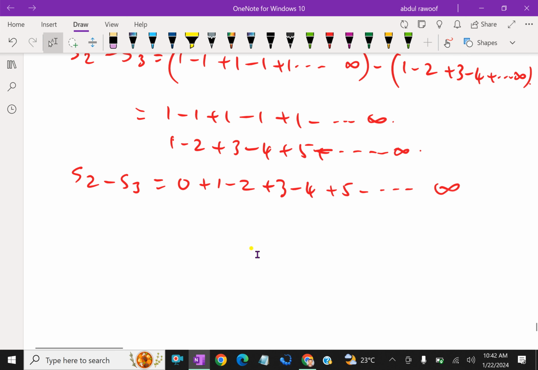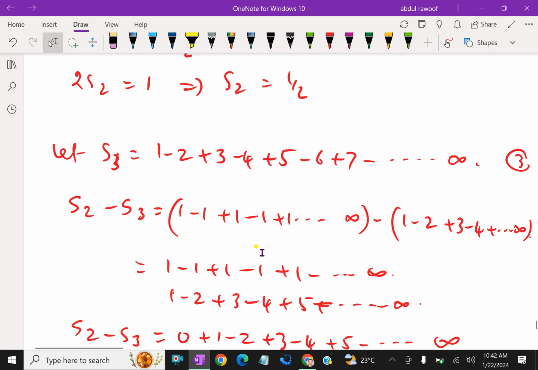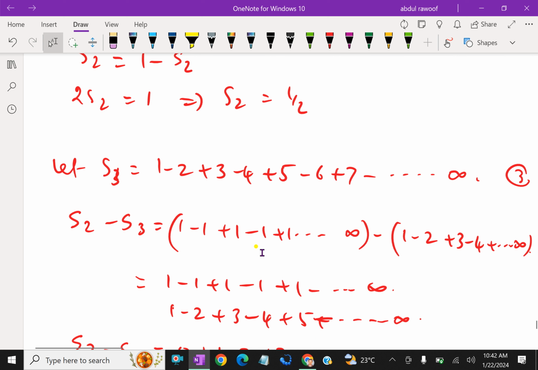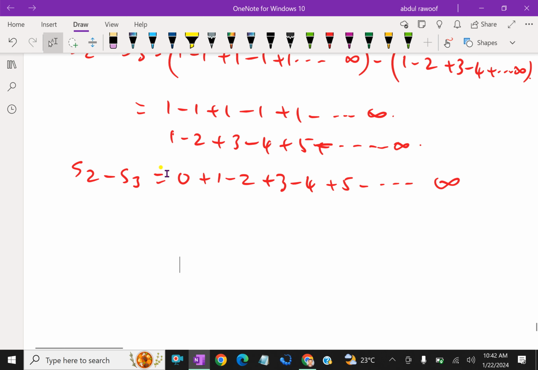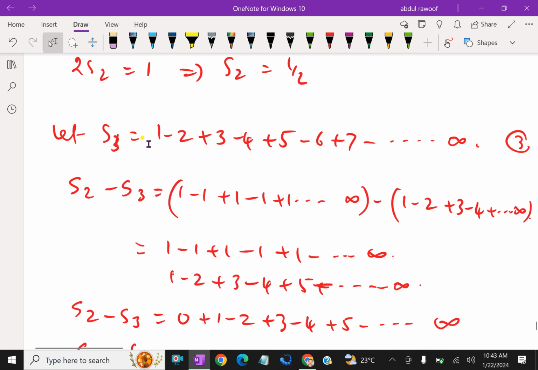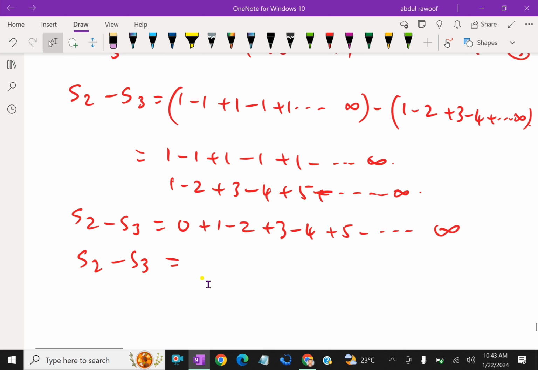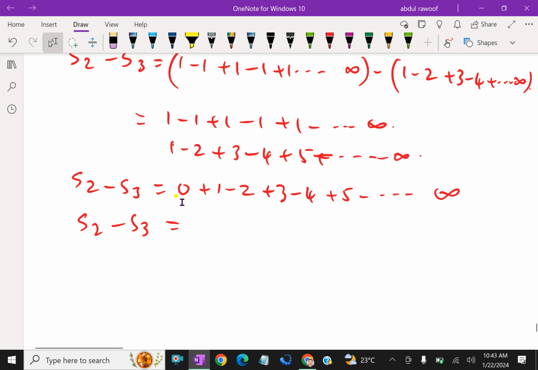Now already we have S2 minus S3. This series is already our S3. Therefore S2 minus S3 equals S3, because 0 plus S3 is S3.